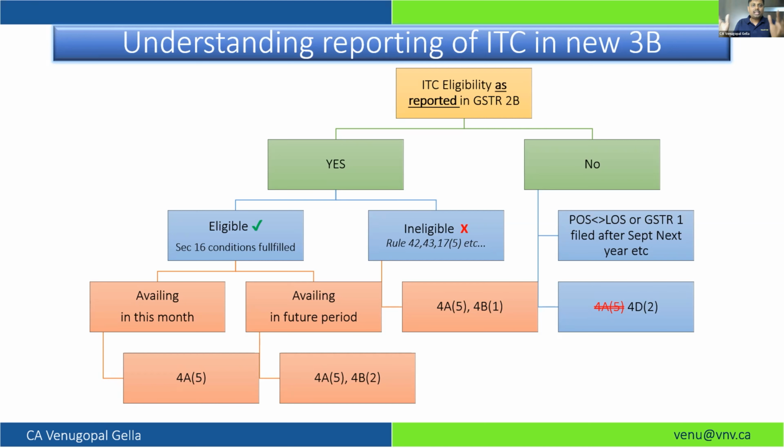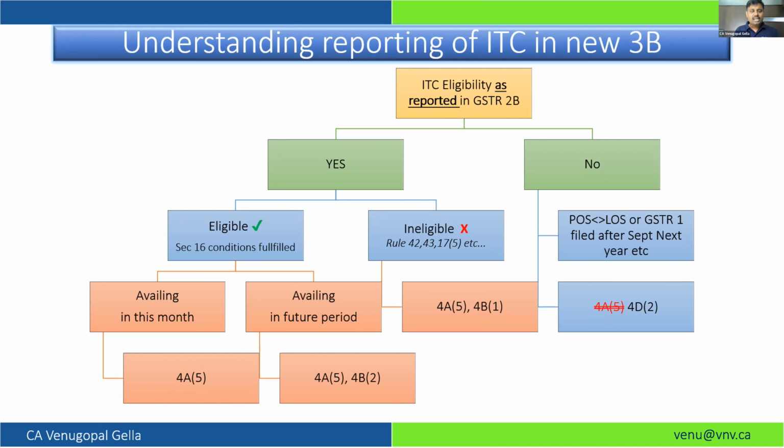Hypothetically, all the credits appearing in your 2A or 2B, ideally now 2B, is reported to your 4A file. The credits, and please make notes. In fact, I would suggest as you are watching, of course, this presentation would be shared, but if you have some notes to make, please make notes of it.